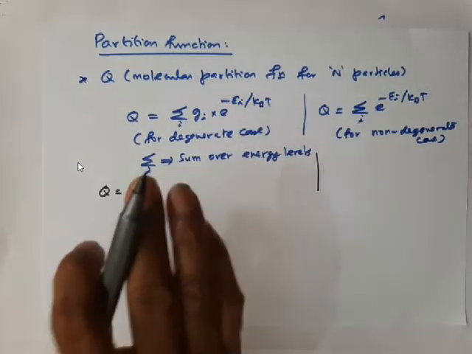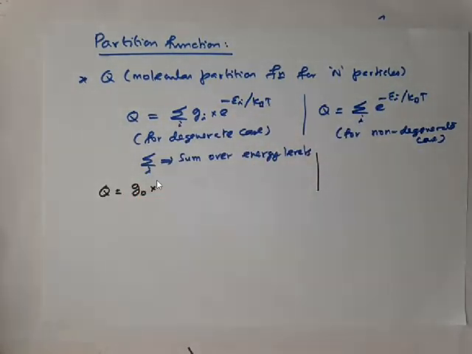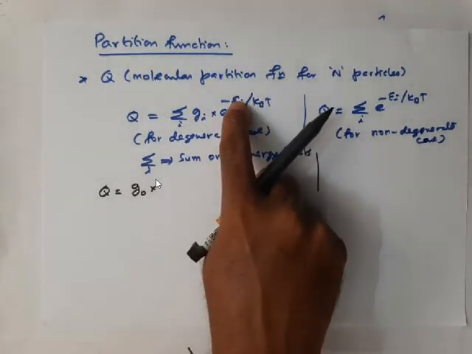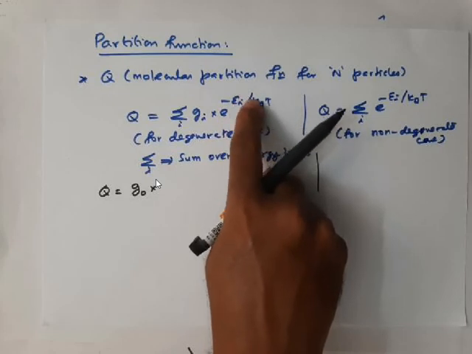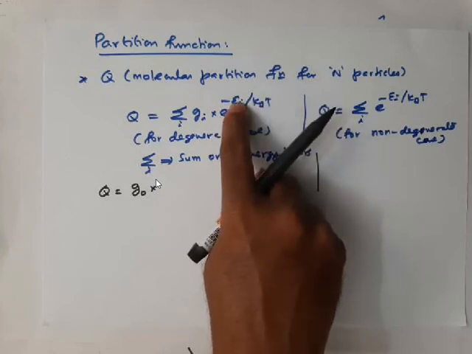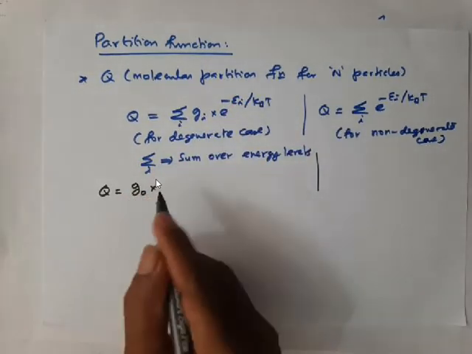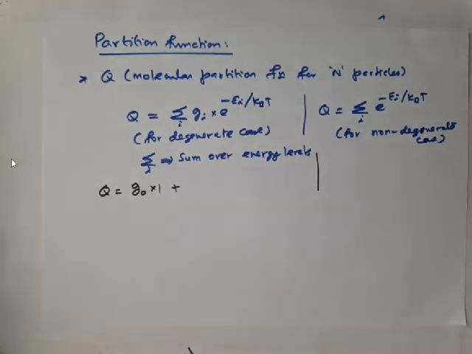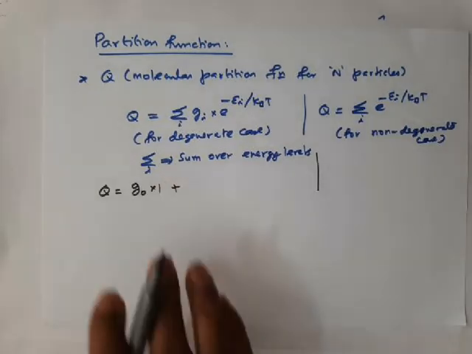Usually in statistical thermodynamics, we take the energy of the ground level as 0. So if this is 0, then the total power becomes 0. So e power 0 is 1. That means g0 into 1 will give you g0 plus. This is for the ground state or ground energy level.